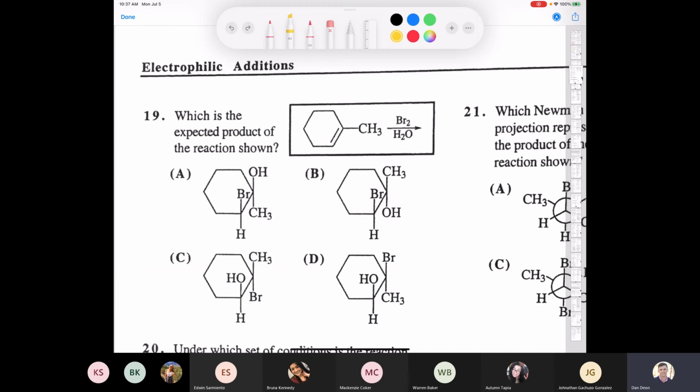So this one deals with halohydrin formation, right? Because we're taking an unsymmetrical alkene, we're treating it with bromine and water. Does anybody have a suggestion for this one?